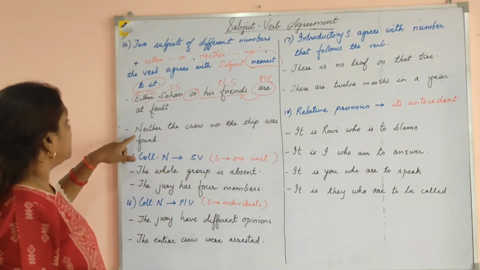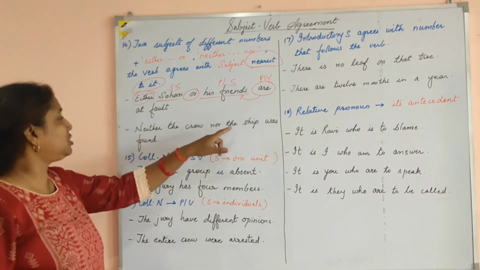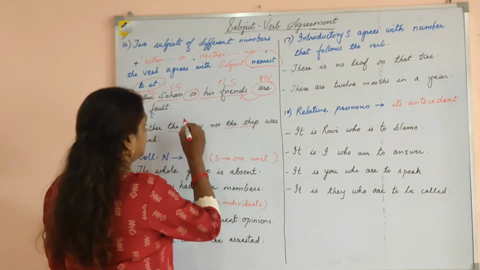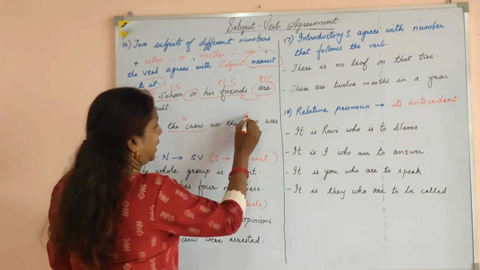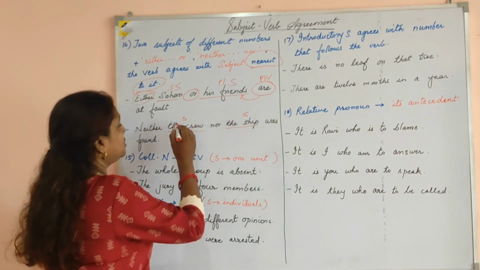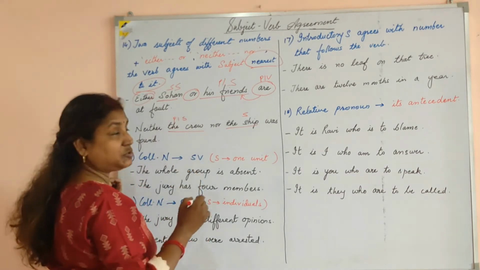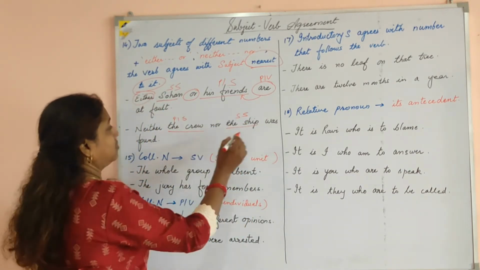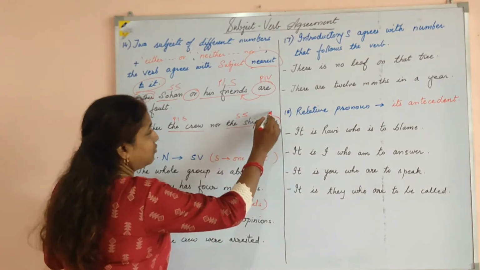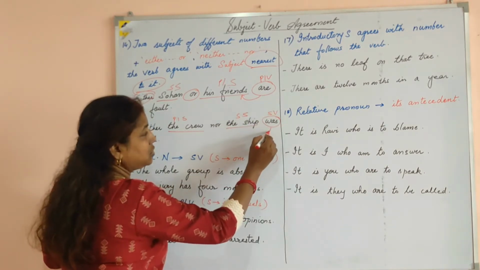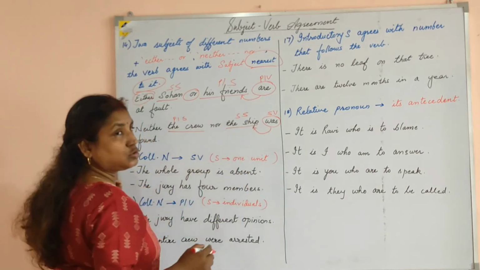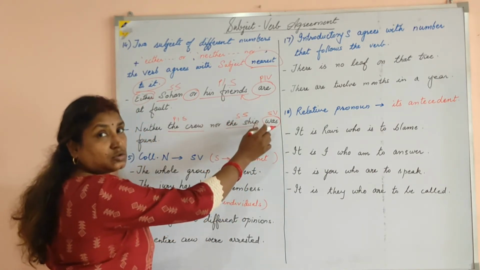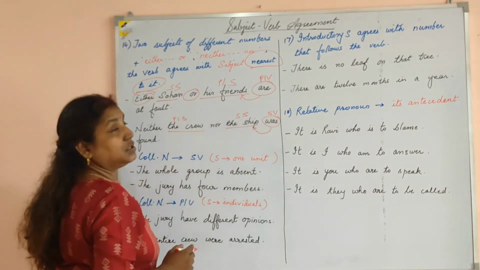Same way, neither the crew nor the ship was found. Again I have two subjects, the crew and the ship, of which the crew is a plural subject and the ship is a singular subject. The verb is singular because the subject close to the verb is singular.